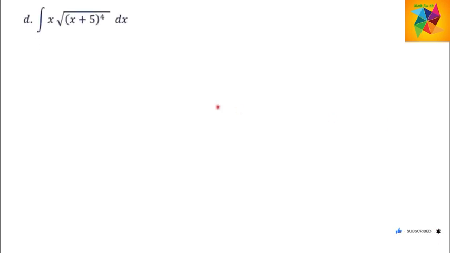Okay, finally the last problem looks a little bit different from the other ones. I'll give you a moment, please try this problem. I'm pretty sure that you are thinking of letting u equal x plus 5, because a moment ago we said that we have u to the n, so it seems like it's raised to a power.